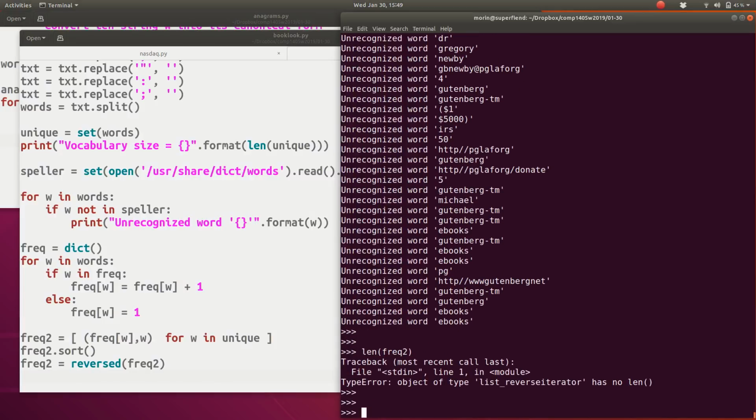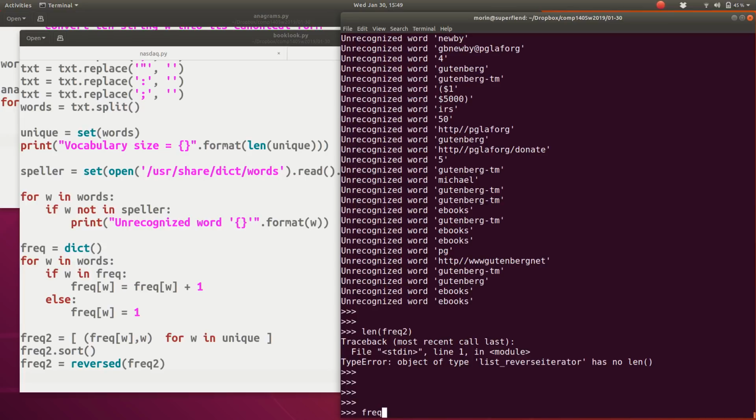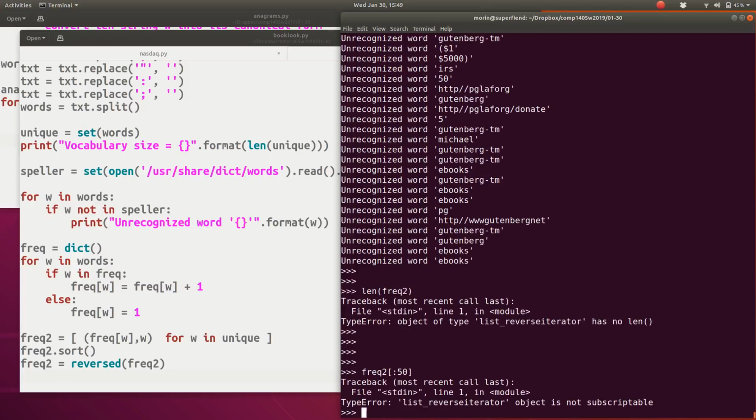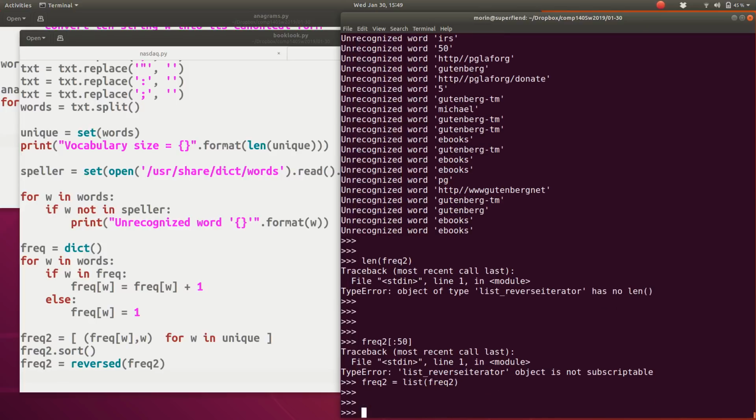Okay, so I can't look at the length of that thing, but maybe I can look at the first few things. 50 most occurring words in Barney the Vampire. Just convert the whole thing to a list. 50 most commonly occurring words in Barney the Vampire.